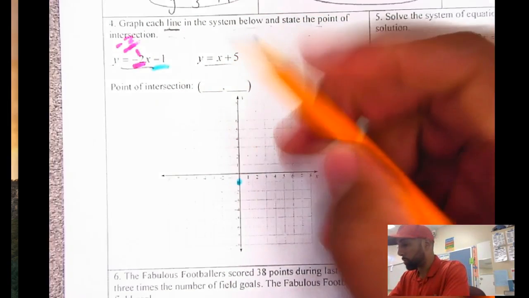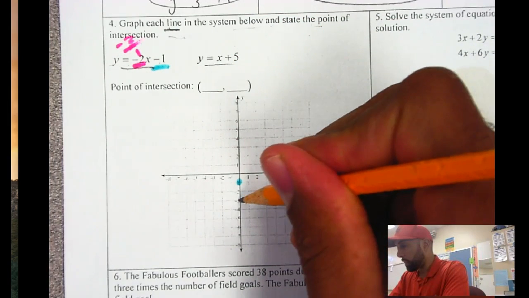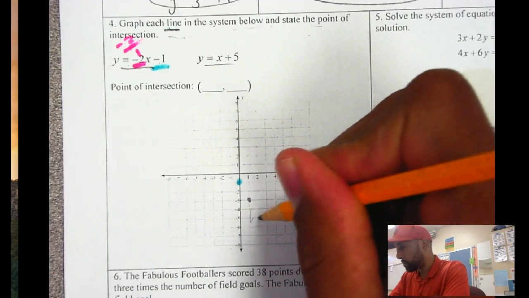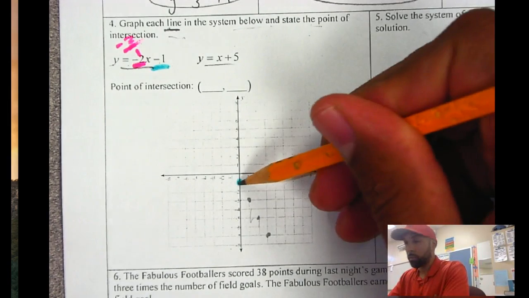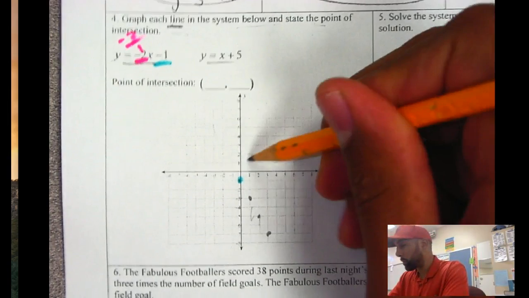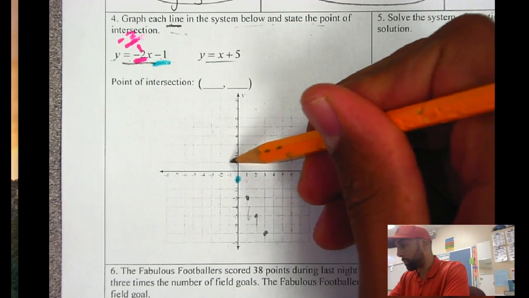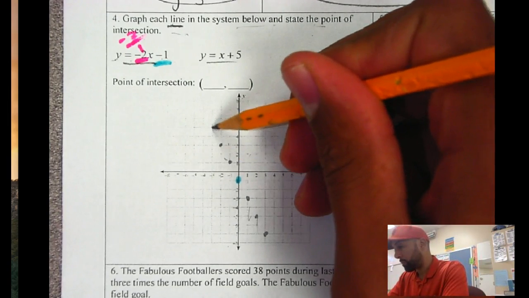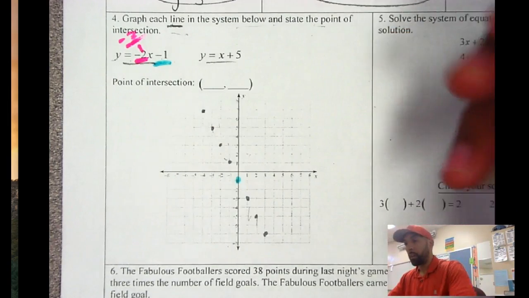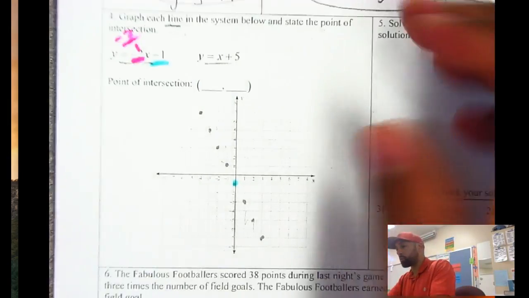Okay, so which means I go down 2 and then right 1, down 2, right 1. And remember, I'm going to write out as many points as I can. So I want to go back up this way as well. So I'm going to go up 2 and this time left to continue the pattern. Up 2 and left, up 2 left, up 2 left as far as I can go. Okay, I'm going to grab a ruler, make a nice straight line.